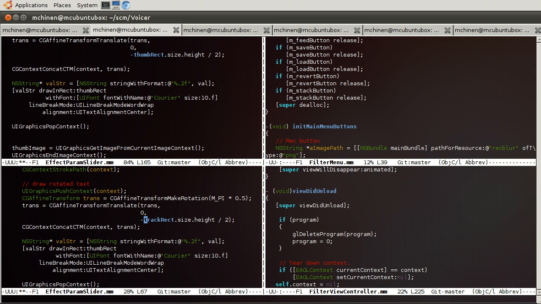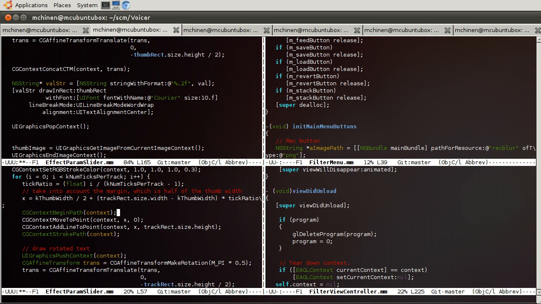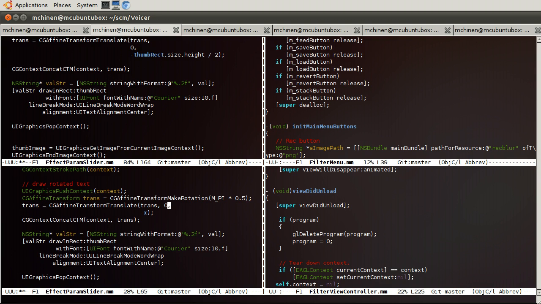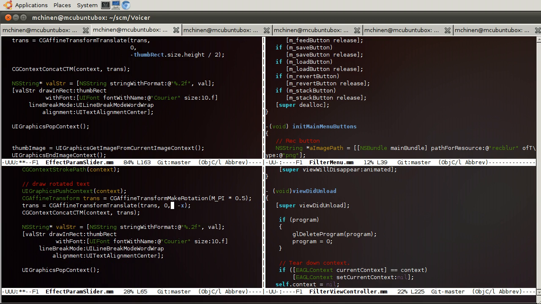So in that case, they wanted to go up by that amount. We don't want to go up by that amount. We want to go up by x, exactly. And we want to go up by negative x. Yeah, and that's what we want. And this can even be one line. It's not that complicated, really.